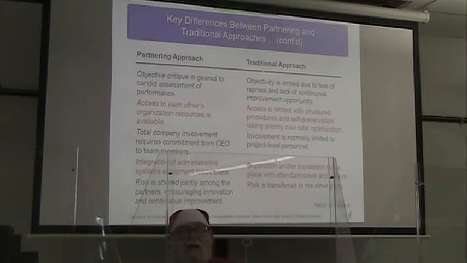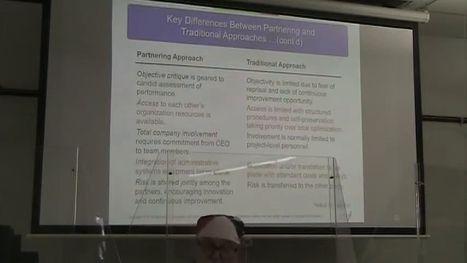All right, so in the traditional approach, our objectivity is limited due to fear of reprisal and a lack of continuous improvement opportunity. In our partnering approach, we have an objective critique that allows us to have a candid assessment of performance.